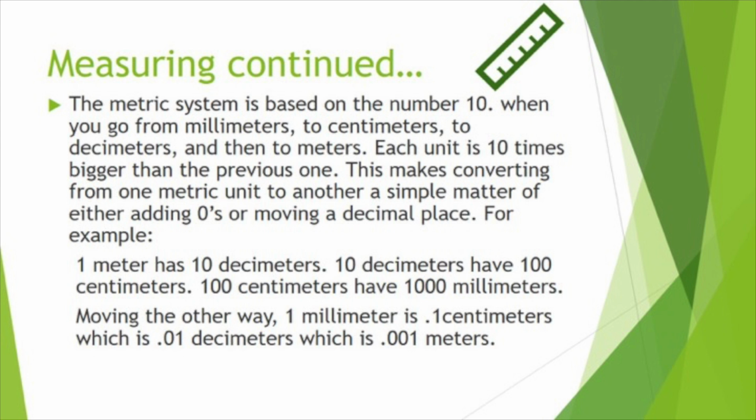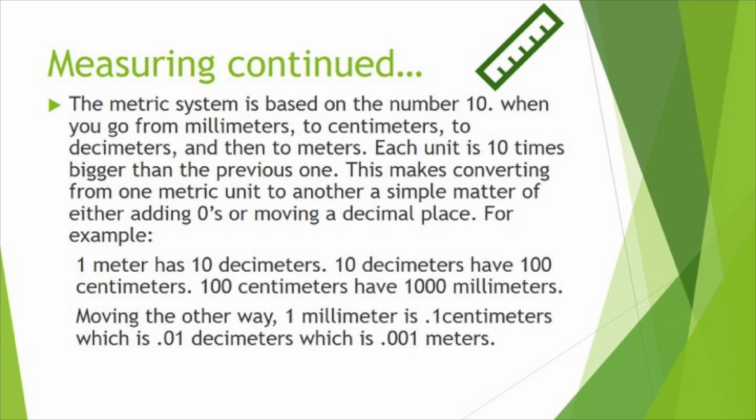They came up with this standard length that they called the meter. Then they can break the meter up into 10 equal pieces, and those are decimeters. And the decimeter can break into 10 equal pieces, and those are centimeters. So you have 10 centimeters in a decimeter, 10 decimeters in a meter. So 10 times 10 is 100, so you have 100 centimeters in a meter.